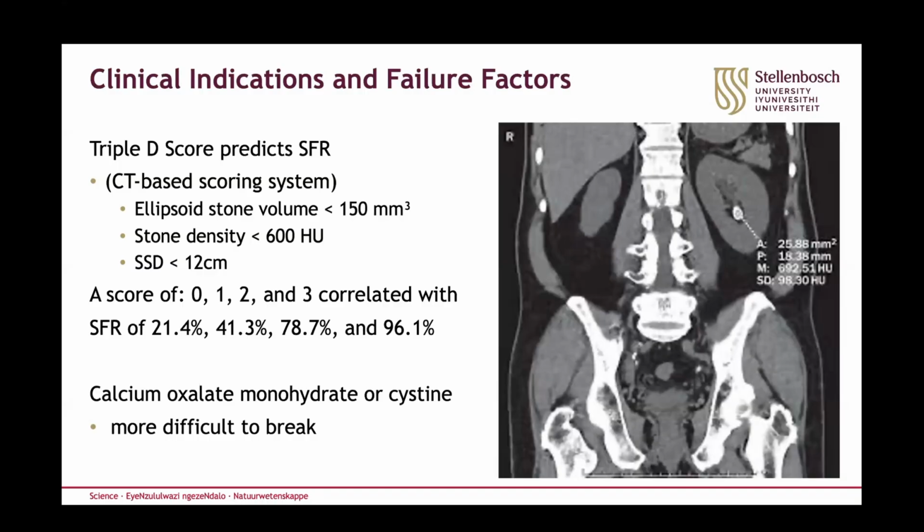It is a CT scan-based scoring system looking at the stone volume, stone density, and skin-to-stone distance, with a volume of less than 150 giving you a score of 1. A stone density less than 600 Hounsfield units is another point, and a skin-to-stone distance of less than 10 centimeters. This correlates roughly to a score of 3, leading to a stone-free rate of over 96%. Just of note is the resistant types. These will be your calcium oxalate monohydrates or your cystine stones, which tend to be more difficult to break.